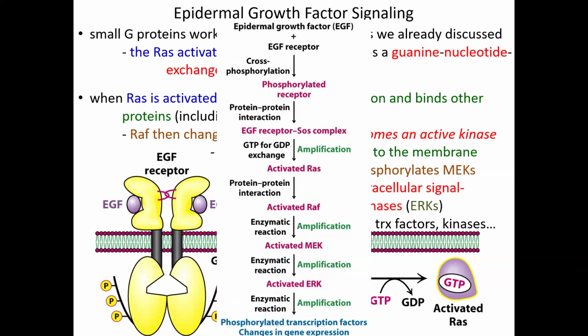So here's the flow chart for this specific example. EGF is the primary messenger. It's the signaling molecule. It's going to bind as a dimer to the EGF receptor. The EGF receptor is a receptor tyrosine kinase. The EGF receptor is going to be made whole and bridged by EGF binding.